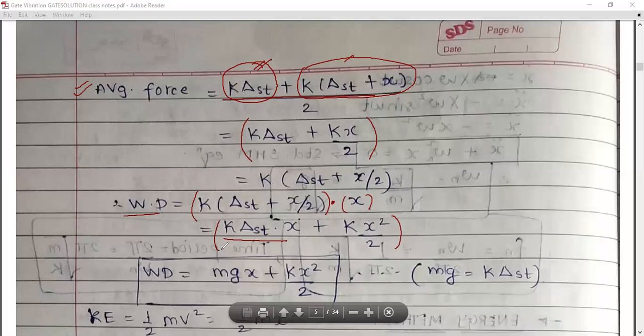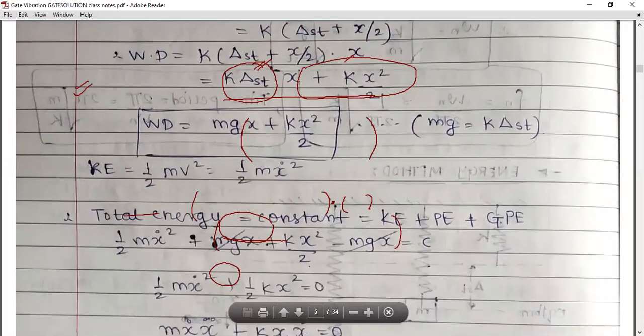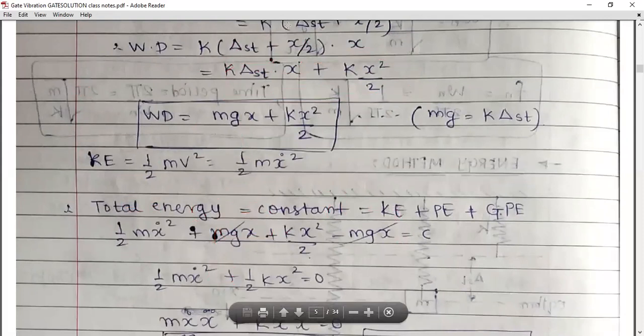Now here you can see that k delta st can also be written as mg, which we have already defined. So mgx plus kx square by 2, right? Now kinetic energy is half m v square, or half m x dot square. Okay.